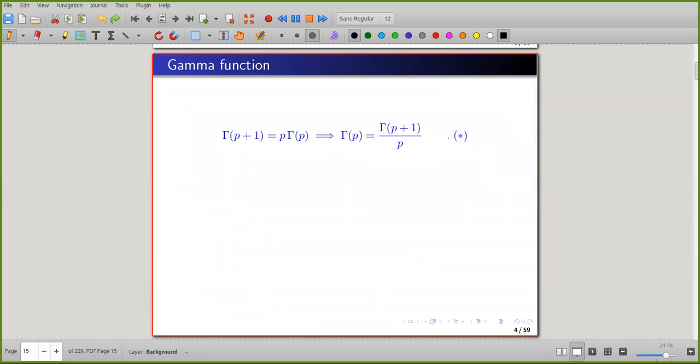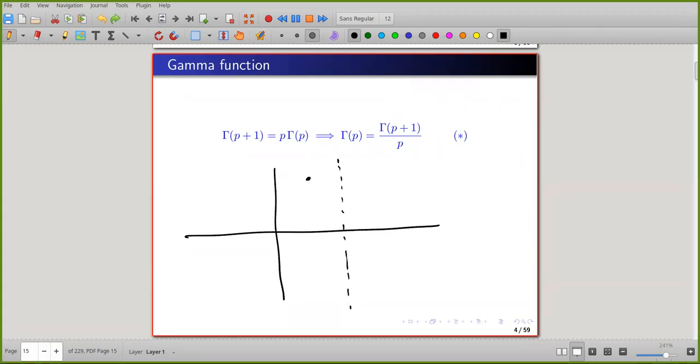Gamma of p plus 1 is equal to p times gamma of p. That means gamma of p is equal to gamma of p plus 1 divided by p. So we do exactly that. We have this region, and let's say p is a point over here.